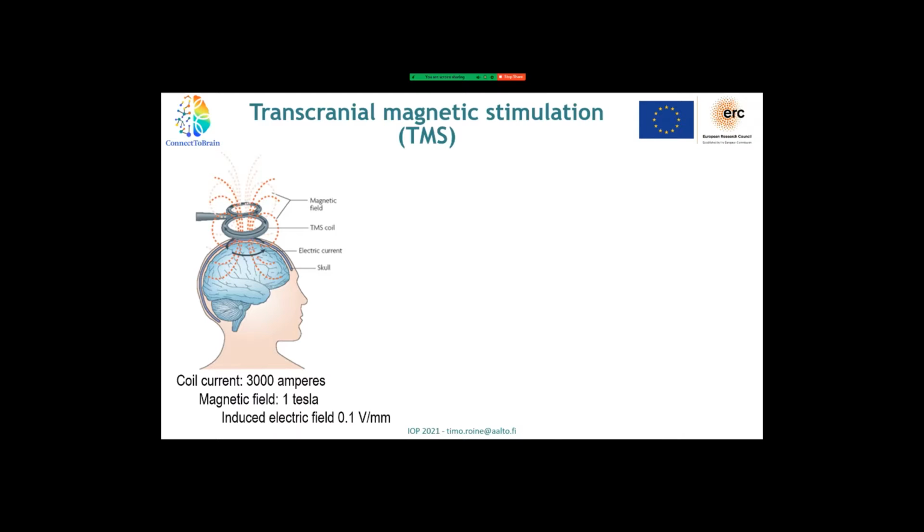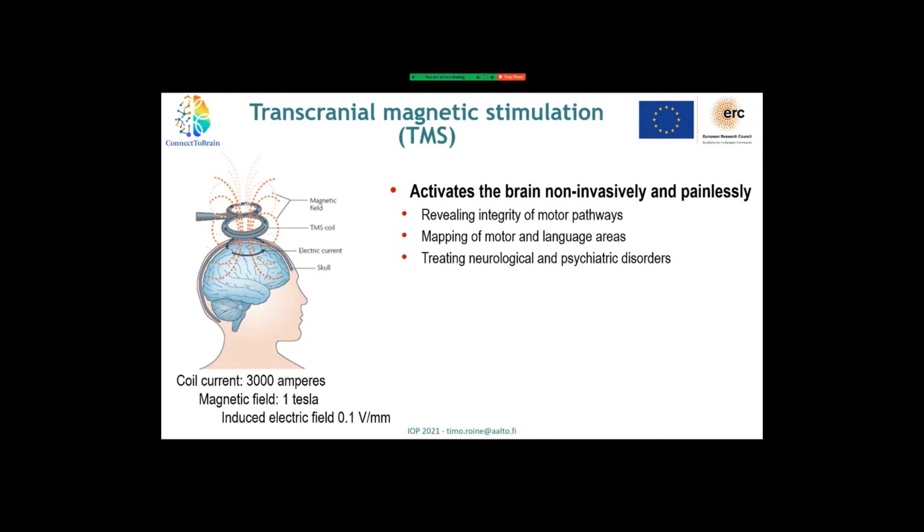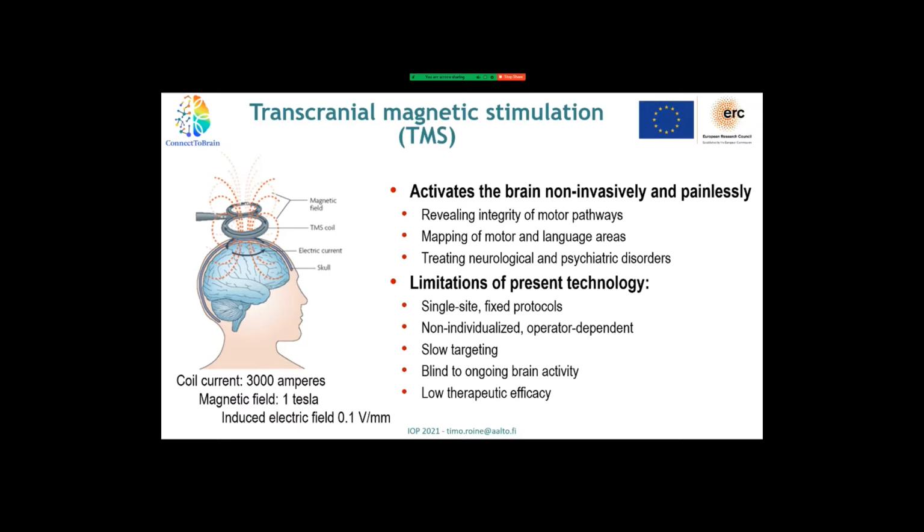So with TMS, we can activate the brain non-invasively and painlessly through electromagnetic induction. And it is used for presurgical motor and language mapping and for treatment of neurological and psychiatric disorders, for instance, depression. However, the current technology has several limitations.